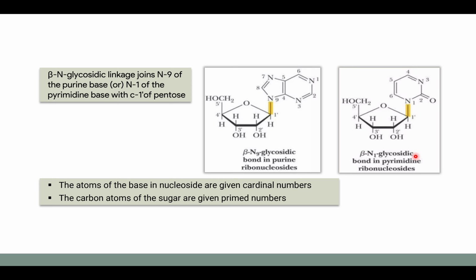Now look at the molecular structure here: at the N9 position of the purine molecule, the nitrogen atom is attached to the 1' carbon atom of the pentose sugar. And in the pyrimidine structure you can see that the first nitrogen atom is linked to the 1' carbon atom of the sugar molecule.